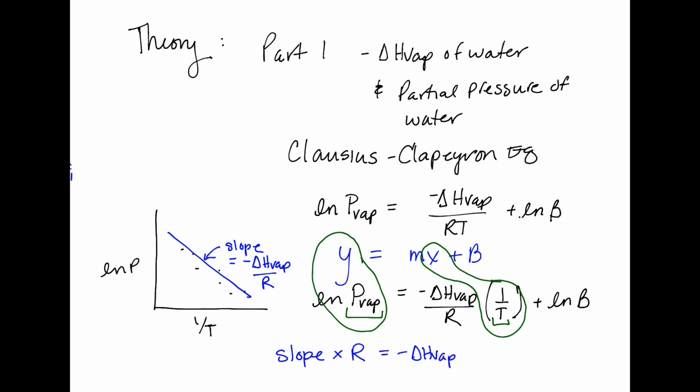If we're trying to find the positive delta H of vaporization like we are in this lab, we need to move the negative to the other side, and that would be positive.